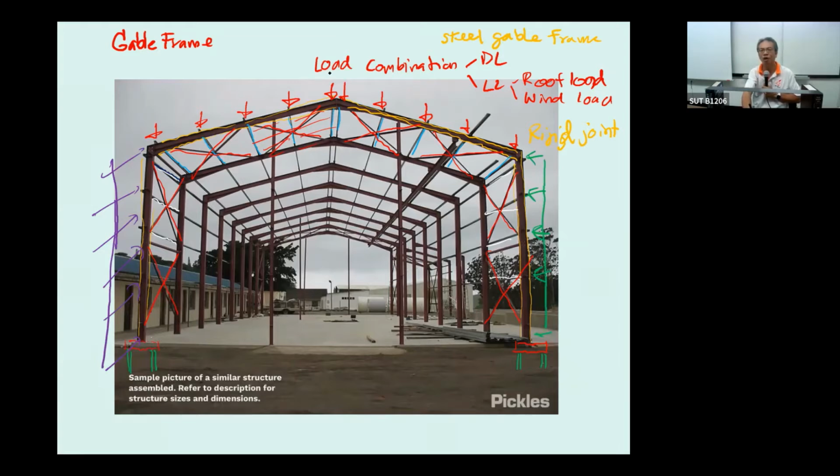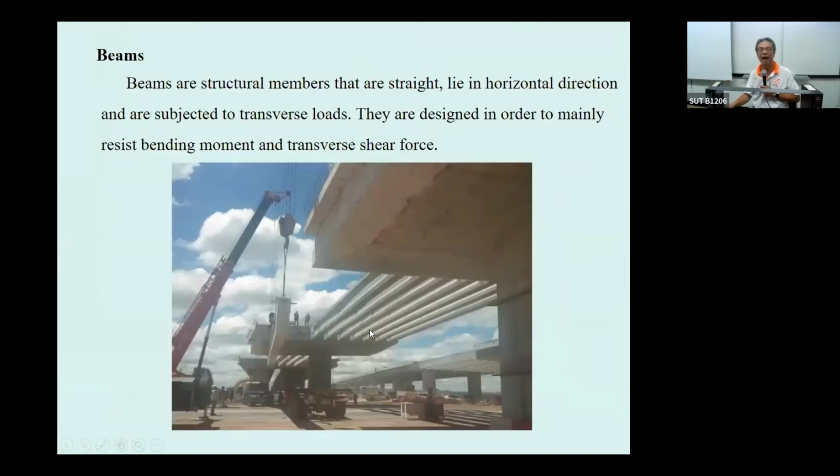So the load combination is very important for you to consider. But for the example, I want to focus on the tie rod that's used to tie the structure together. If you take a careful look, there is another X bracing on the last row of the frame. This will take care of the wind and the earthquake if there is any.